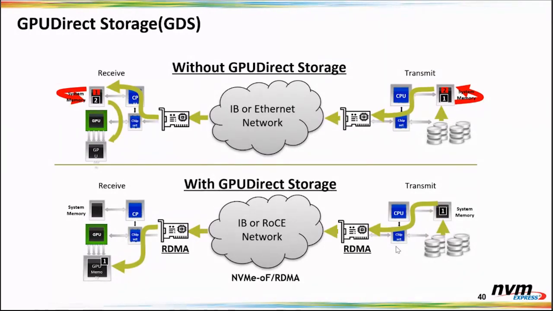This, of course, increases the performance of the GPU application dramatically in IOPS, in bandwidth, and in latency, and it reduces the CPU utilization of that host. But it does require RDMA, because that's the only way you can move from memory to memory and bypass all those different buffers and software stacks. And so it requires protocols like NVMe over Fabrics.